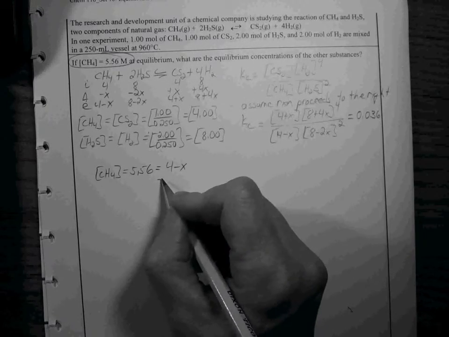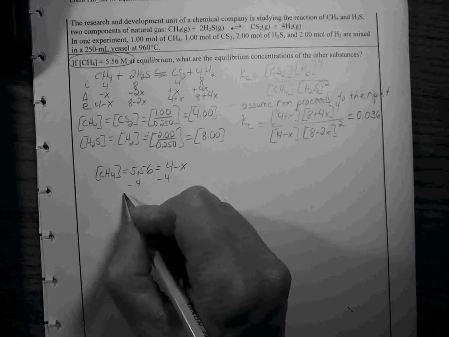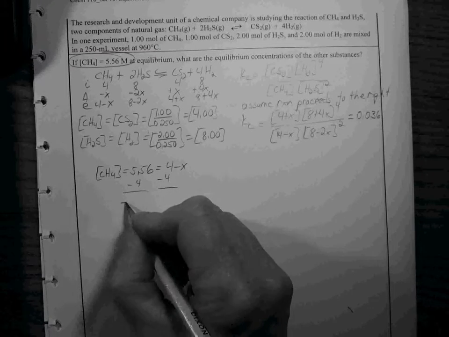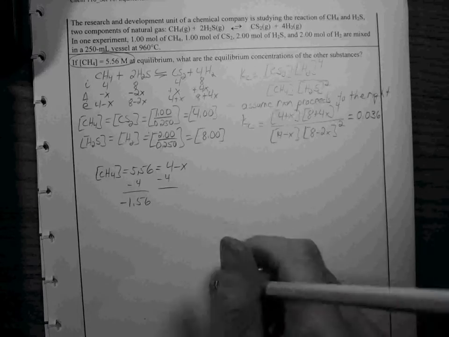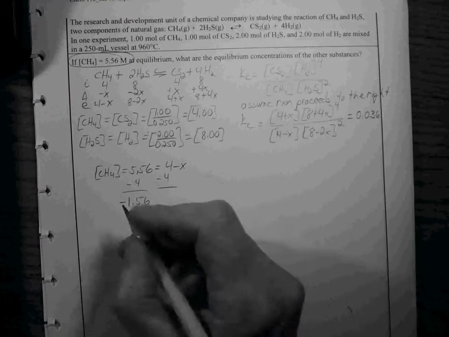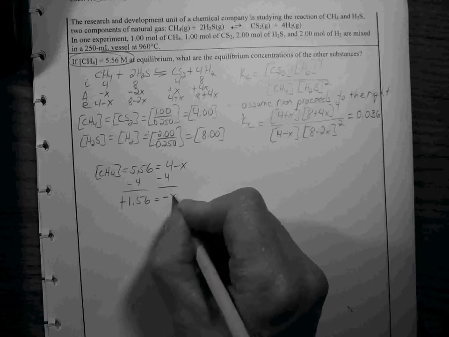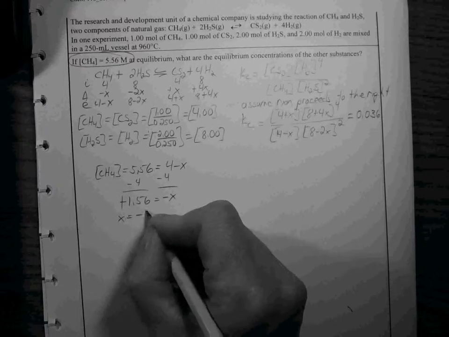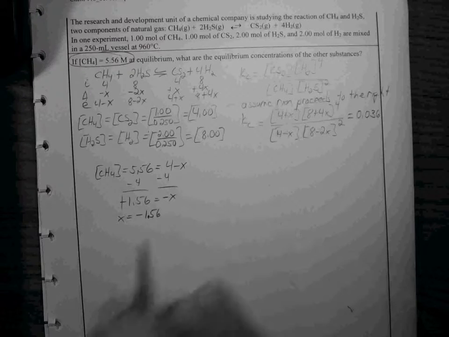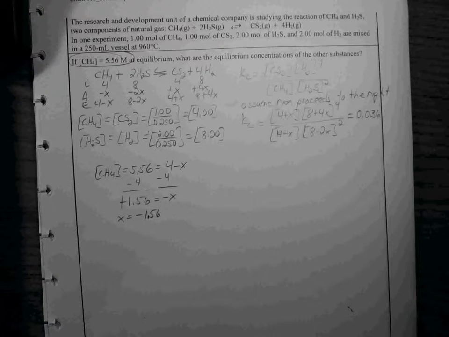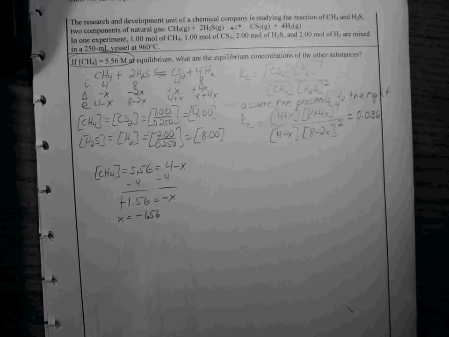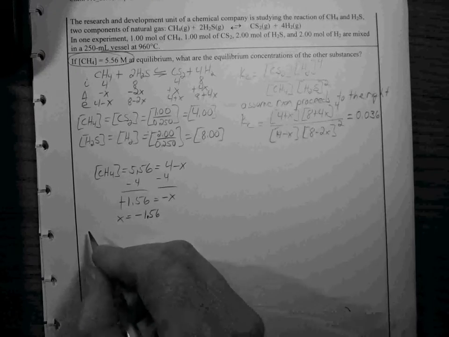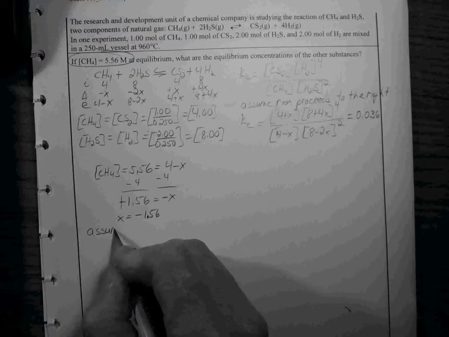However, we see that our value of X is negative 1.56. Now, what this means, since we can't have a negative concentration, we don't have antimatter, what this means is we've assumed the wrong direction.